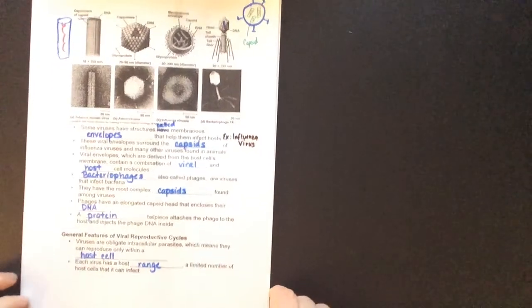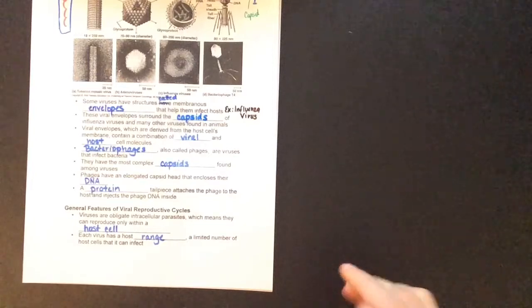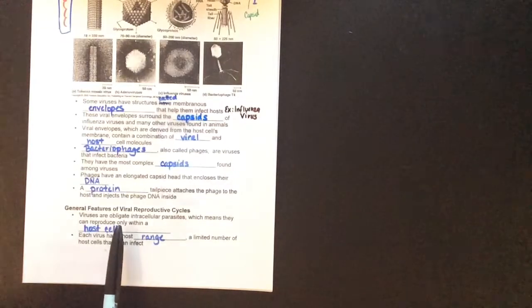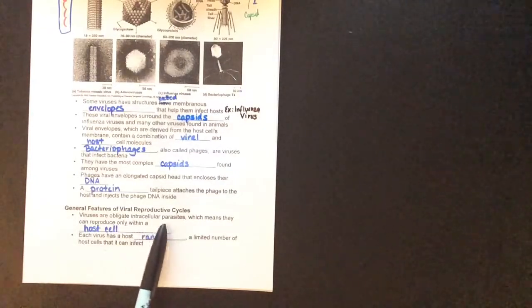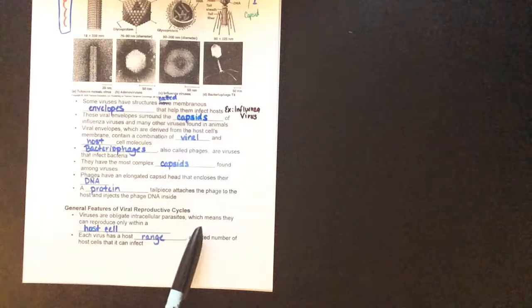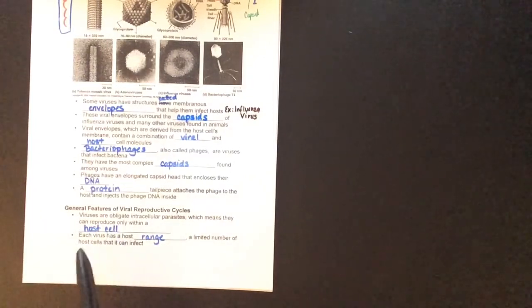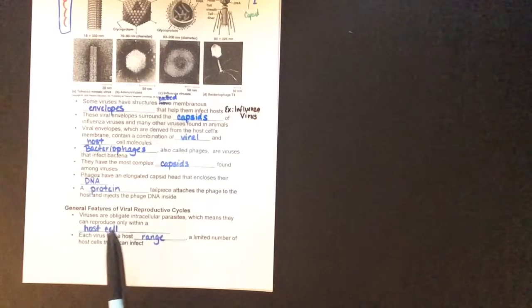Now we're going to look at how viruses reproduce. The thing about viruses is they cannot reproduce on their own. Viruses are what we call obligate intracellular parasites. That means they can only reproduce within a host cell. They have to use the host cell's machinery.